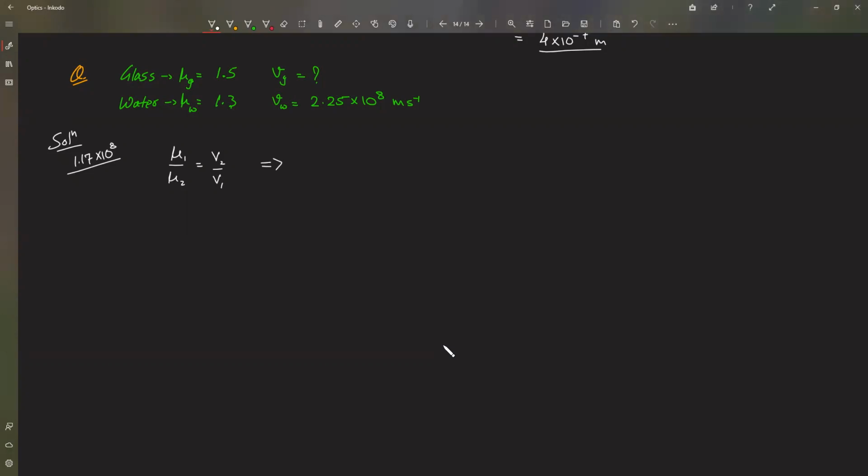Then I found what x was, and then for glass, 1.5 is equal to this x by the velocity in glass. So velocity is whatever x found, divided by 1.5.